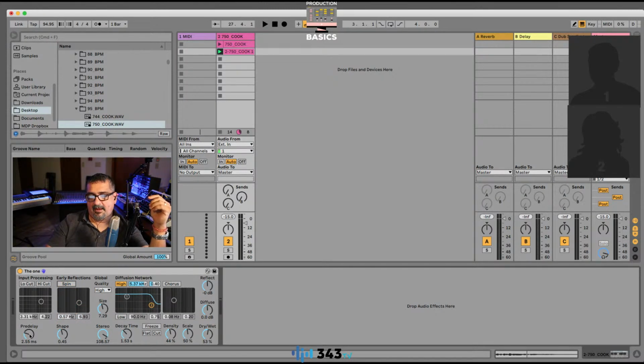I guess most important after the pre-delay time is the input filter. There's a filter on the sound on the way in, so it's going to process the sound on the way in and then add the effect only to the part of the frequency that you decide to add it to. This is the frequency spectrum here, and this is kind of a bandpass filter that I've created now by having a high cut and a low cut filter together.